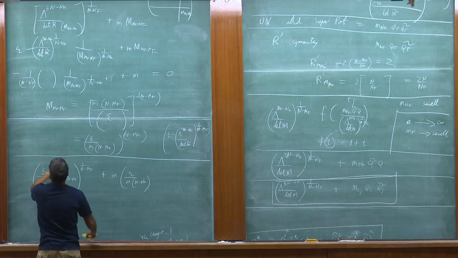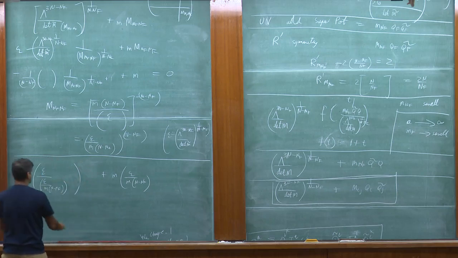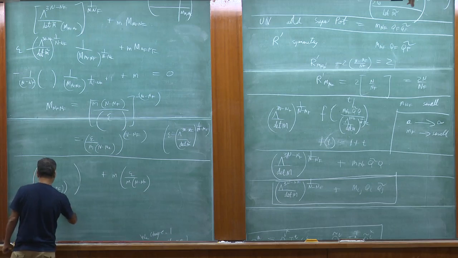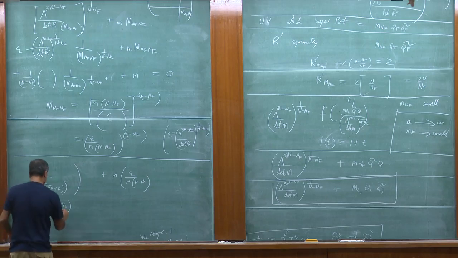So this is only in the denominator. So you're right. Perfect. So this gives you m into n minus nf. Strange. Okay. Fine. M into n minus nf. That's a bit strange.